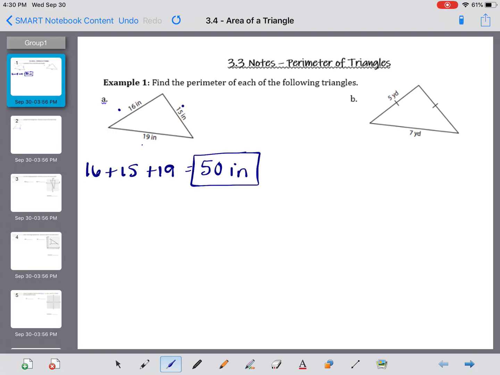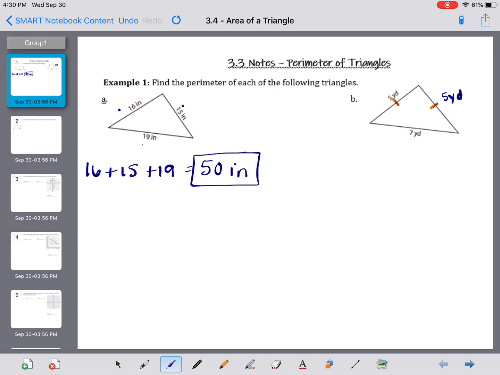If we take a look at B, we're missing one of the sides. We weren't given the length of that side, but I noticed that this triangle is isosceles because of the tick marks. So if one side is 5 yards, the other side is also going to be 5 yards. Those sides have the same tick marks.